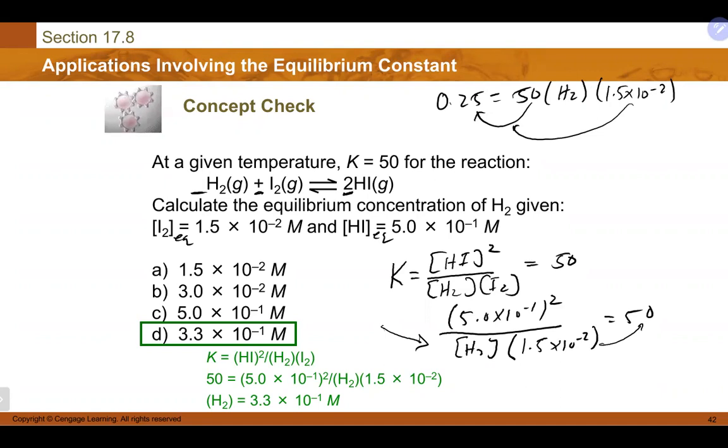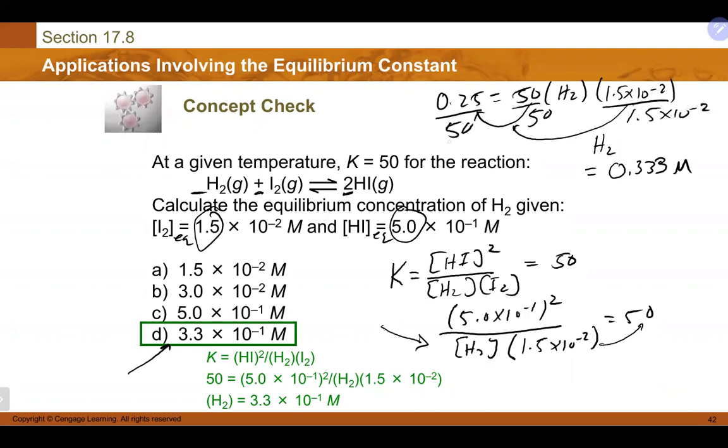So we take that divided by 50 and divided by 1.5 times 10 to the minus 2, and that'll give us something like the H2 concentration of 0.333. Since this is a concentration, we would want molarity here. And since everybody had 2 significant figures, we definitely would want 2 significant figures on our answer. Any questions on that? So again, we're dividing both sides by 50, and then dividing both sides by 1.5 times 10 to the minus 2.